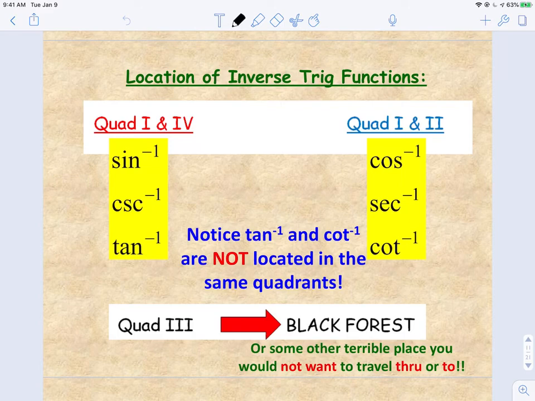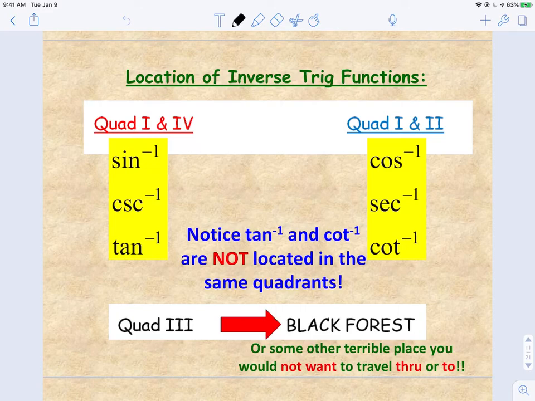So just to reiterate, nothing has changed with the trigonometric functions themselves. It's only their inverses that are restricted to these quadrants. And notice, because they're each restricted to 2 quadrants, one quadrant is the positive ratios and the other quadrant is the negative ratios.